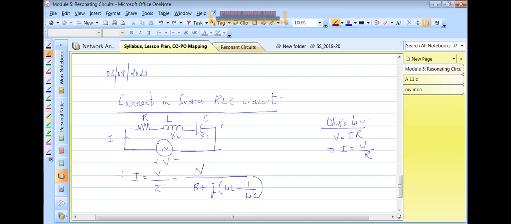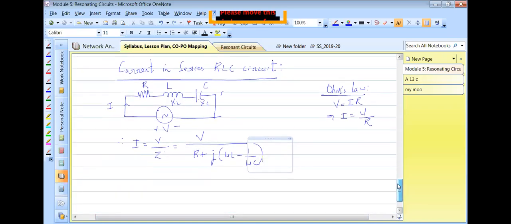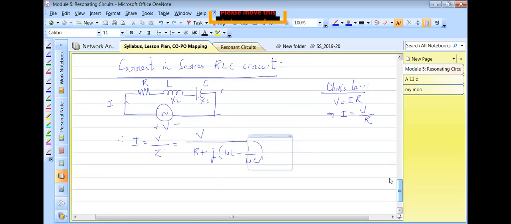So this is I that is flowing in series RLC circuit. As of now, the current that I have written is in general. I'm not saying that the circuit is at resonance.